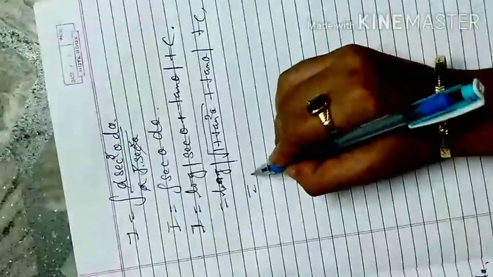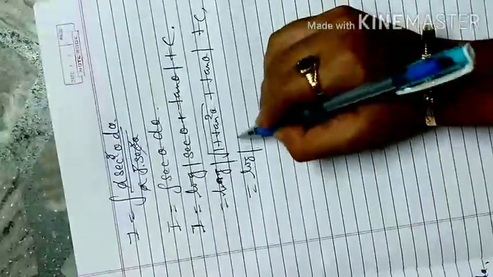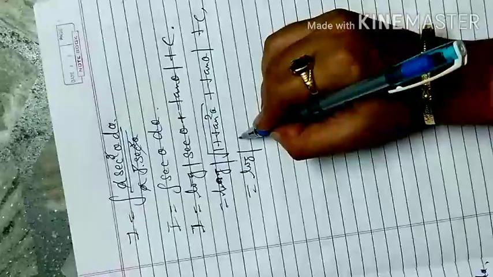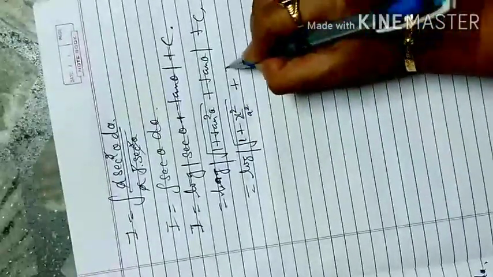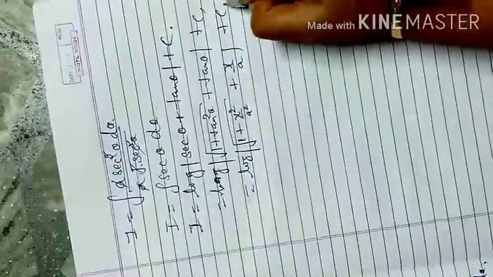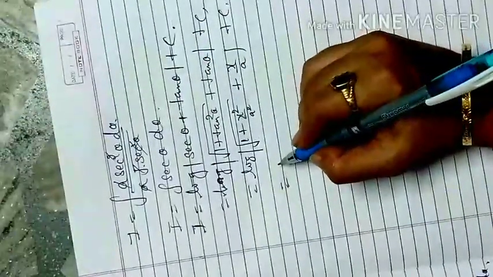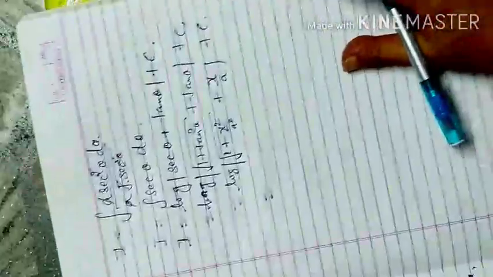Now I can change directly tan theta to x by a, so that is square root of 1 plus x square by a square plus x by a. Same thing. After that we go with the same procedure we did in the last question.